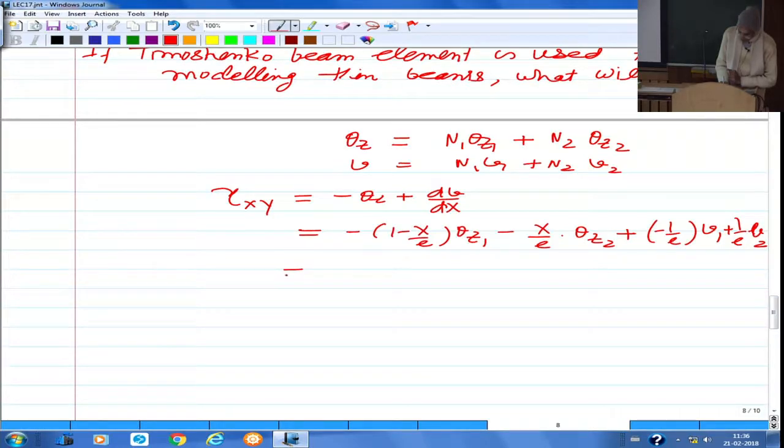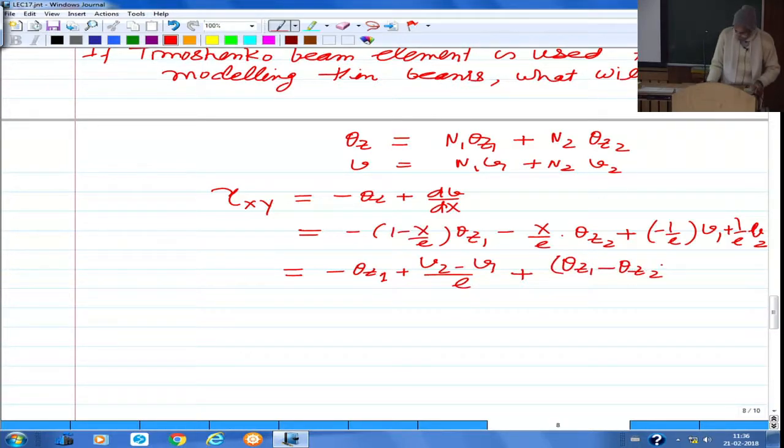And now let us collect the constant terms together and the coefficient of x together. Out of the constant terms, one set of terms is minus theta z1, because this is a constant, and from here of course you get plus v2 minus v1 by L. So these are the constant terms, and then the x terms are plus theta z1 minus theta z2 into x by L. So this is what we have as our gamma xy within the finite element.